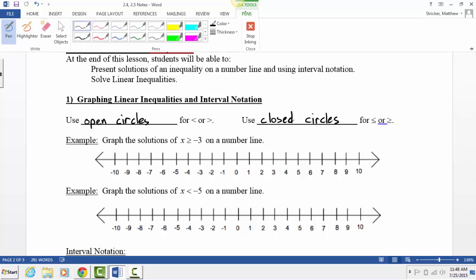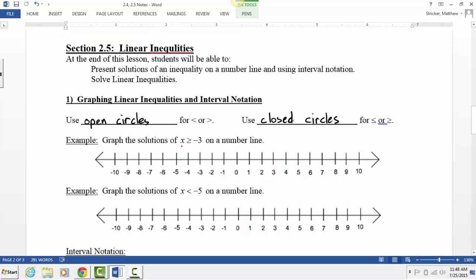For example, if I wanted to graph x is greater than or equal to negative 3 on a number line, the first thing I would do is find negative 3. And notice since this is a greater than or equal to, I'm going to use a closed circle there.